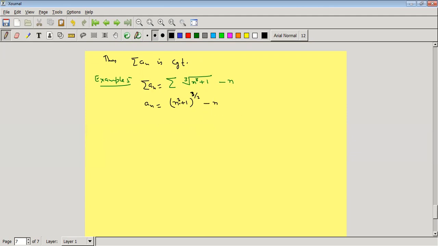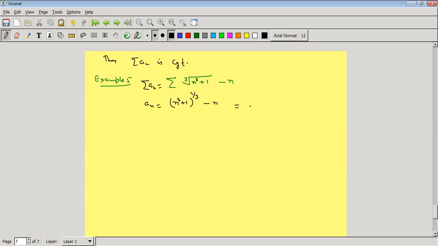So if we take n to be common here, oh sorry, it is not 3 by 2, it is 1 upon 3, the cube root.